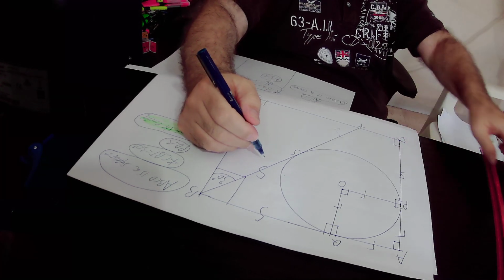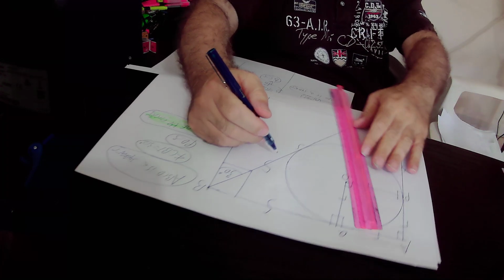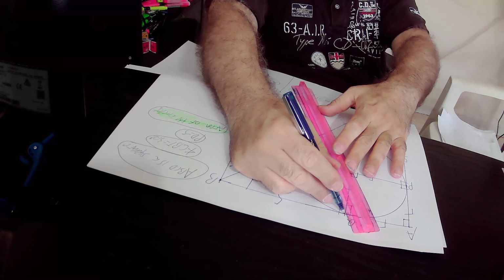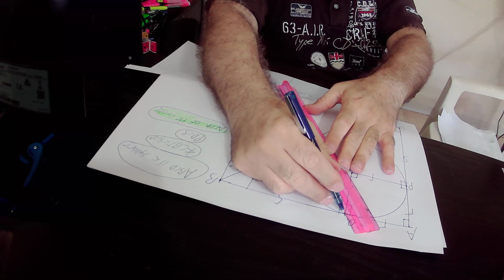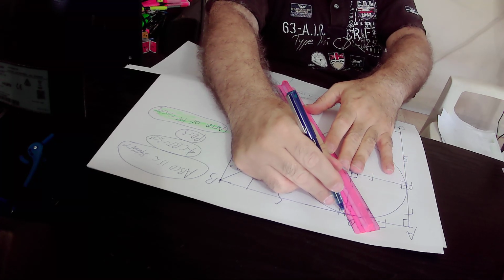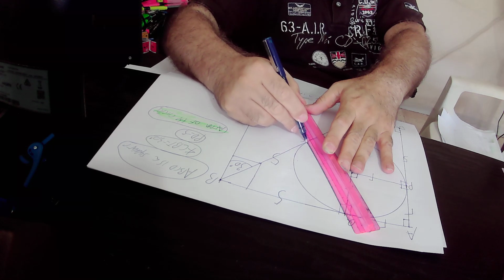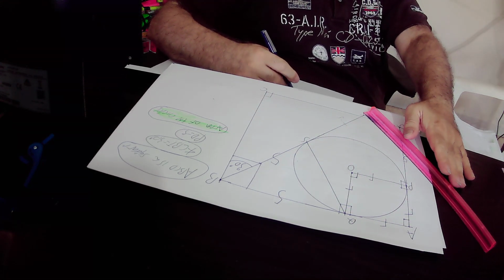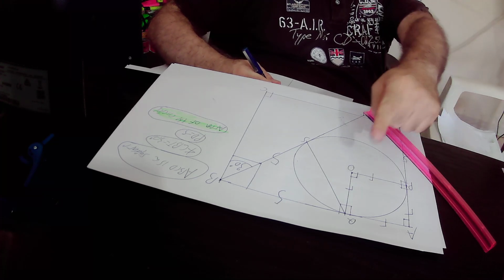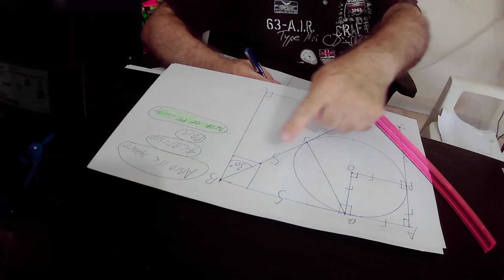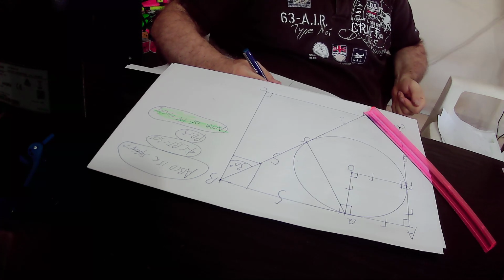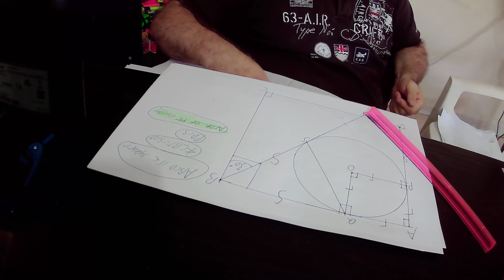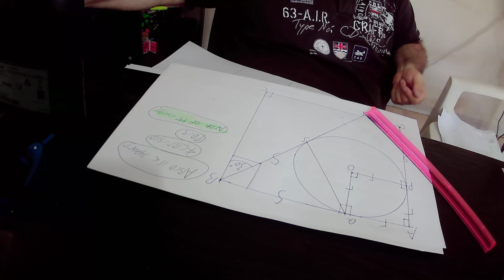In the next step, we'll join points Q and S together by a straight line. By joining points Q and S by a straight line, we created here triangle QBS. What is the size of angle QBS?